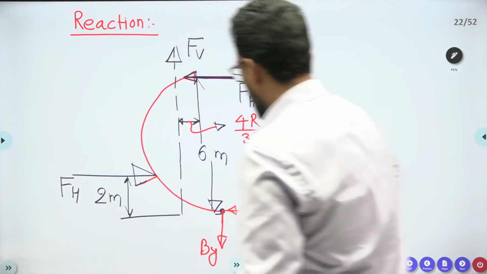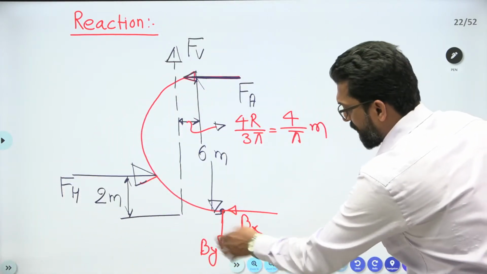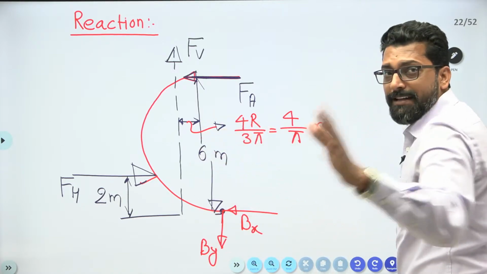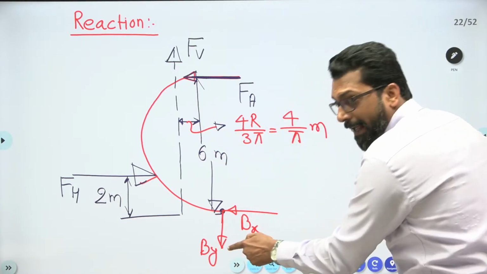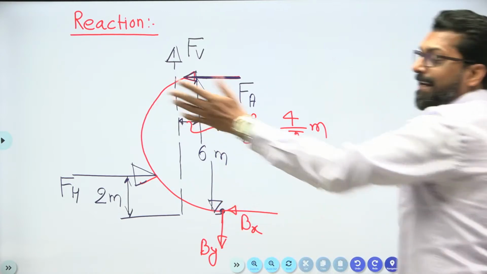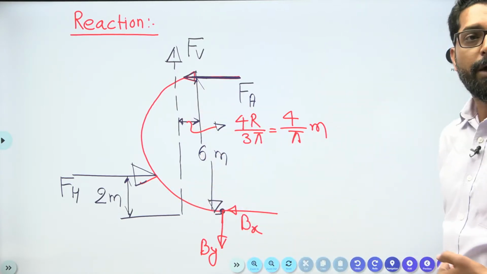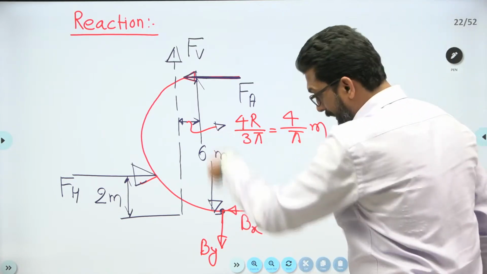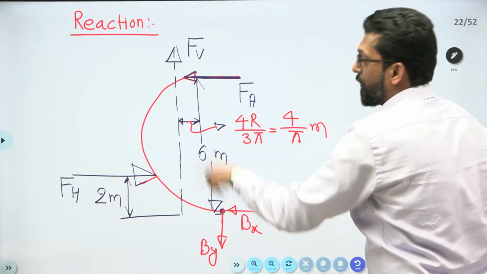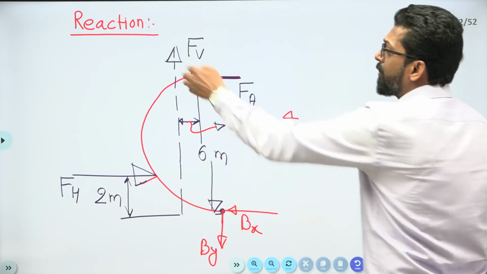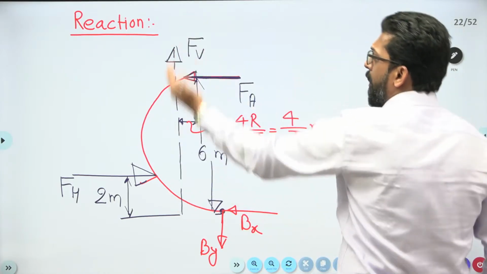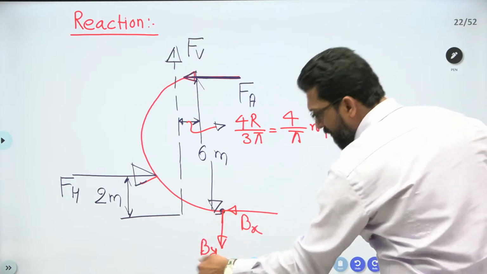See my dear, you don't bother about in which direction we take a reaction. Never take the tension about which direction to take the reaction in. We can take any direction, either upward, downward, backwards, leftward, rightward, no problem. Don't get confused that sir has taken it in the downward direction. We intentionally take it because the vertical force is only in the upward direction, so it balances; maybe it is in the downward direction, no problem.